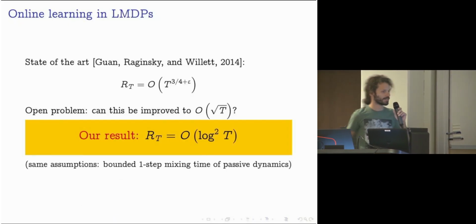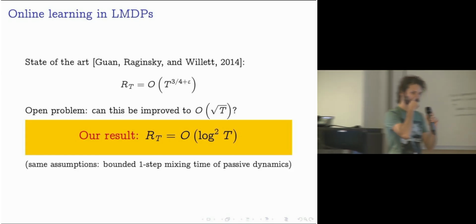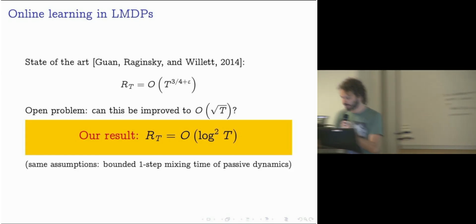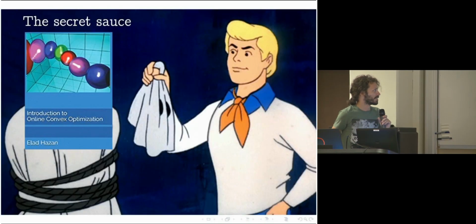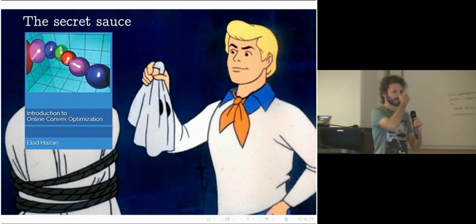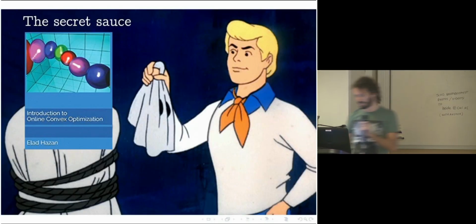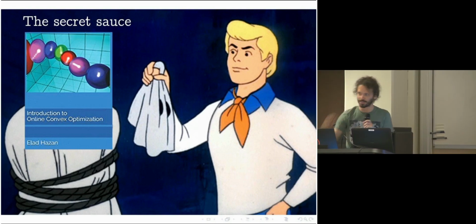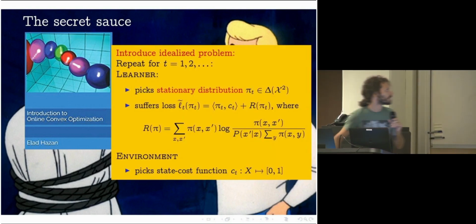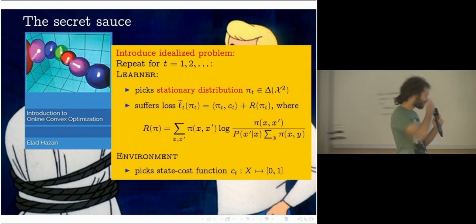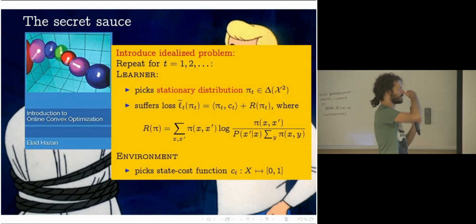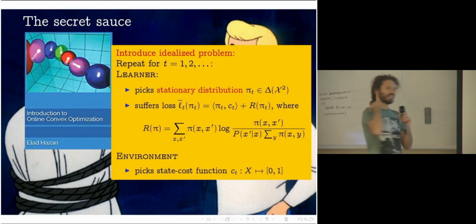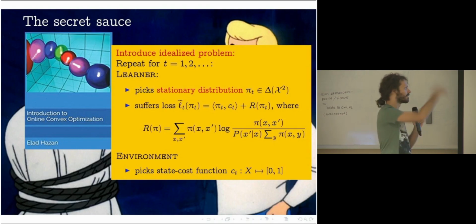Sorry, so the story is that we managed to improve this to log squared T, and the reason is that we actually managed to discover that this is a convex optimization problem. So an online convex optimization situation that was not very obvious if you just look at the face of the problem. Part of this is standard. You just reformulate the problem as the learner having to pick stationary distributions.